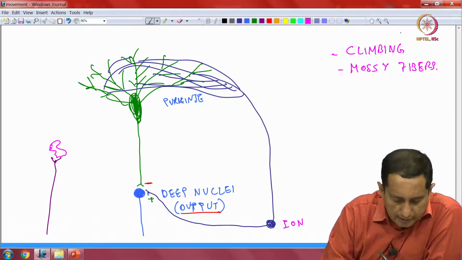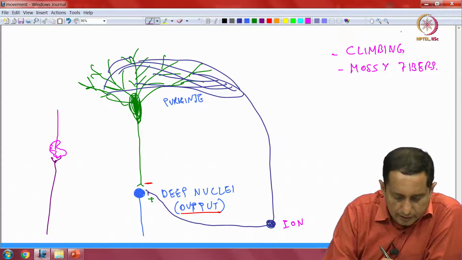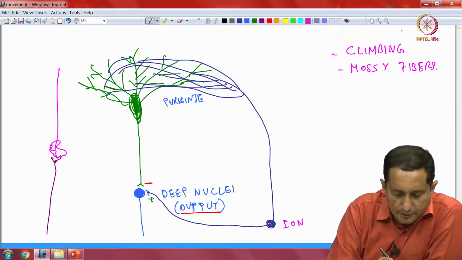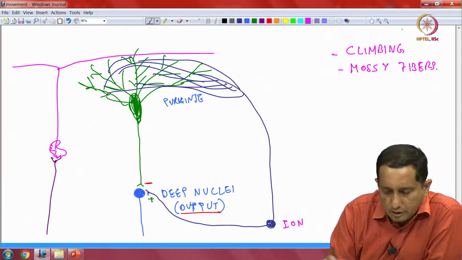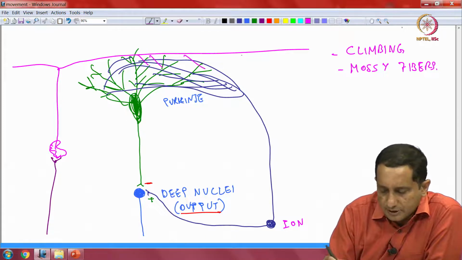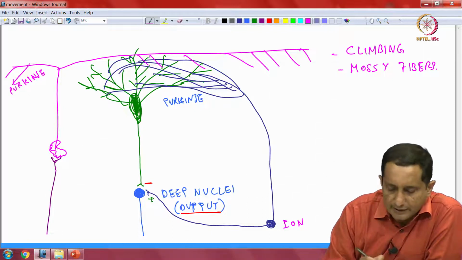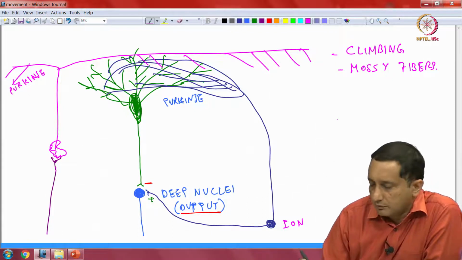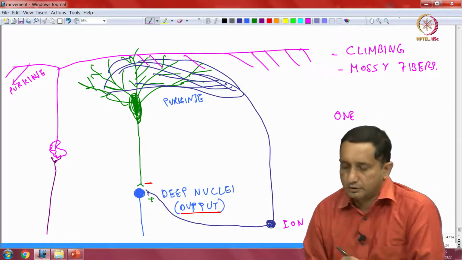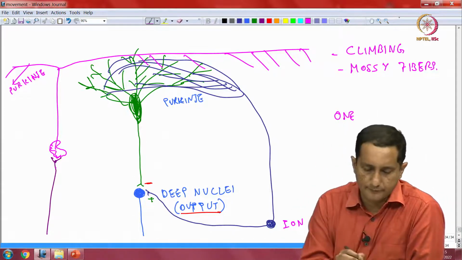The granular cell has an interesting method. It sends a fiber up, goes all the way over here and synapses with multiple Purkinje cells. So, one signal is distributed.